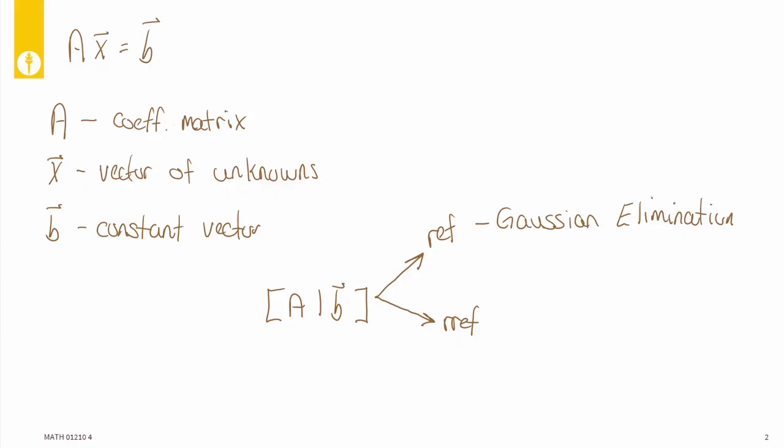This will require no backward substitution. This is called Gauss-Jordan reduction.